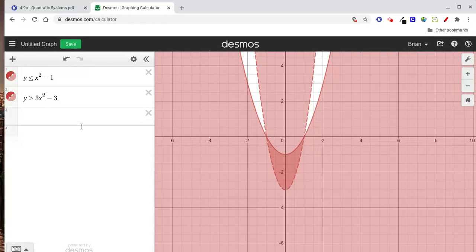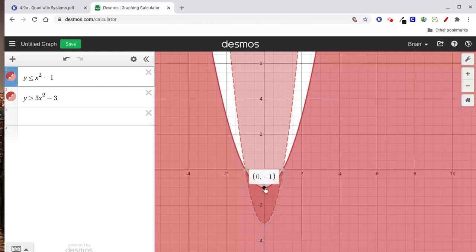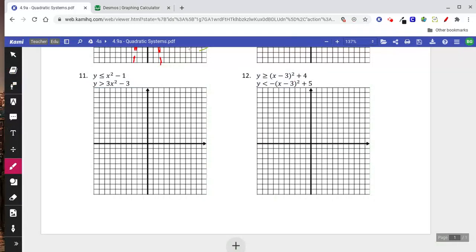Okay, so that's an interesting one. x squared minus 1 is this one. Notice we've got those 3 points. So we've got (0, -1) here. And I notice that that's going to be a solid parabola, and I'm going to shade down.